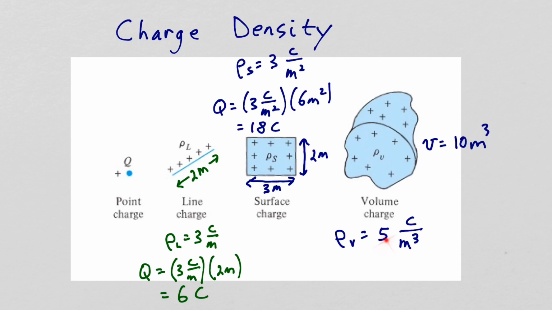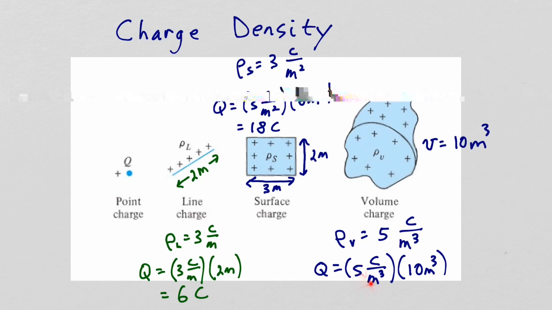Let's assume we have some volume here that has a total volume of 10 cubic meters. So the total charge on this object is the charge density of 5 coulombs per meter cubed times the volume of 10 cubic meters.